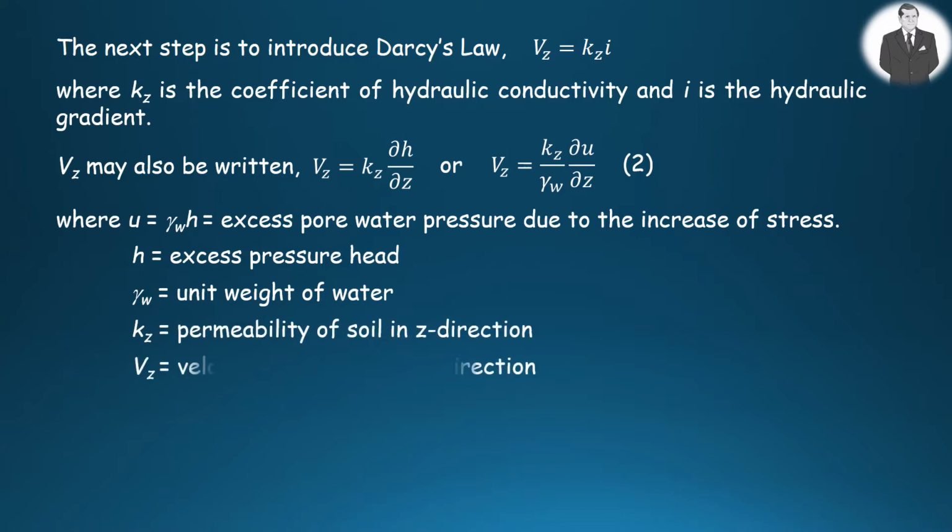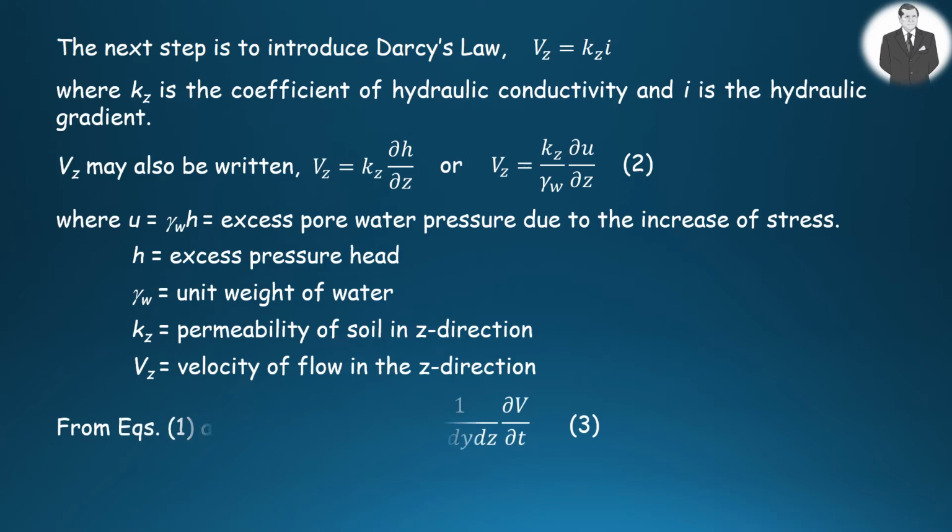Gamma sub w is the unit weight of water. K sub z is the permeability of soil in z direction. And V sub z is the velocity of flow of water in the z direction. Combining equations 1 and 2, we obtain equation 3 as illustrated.